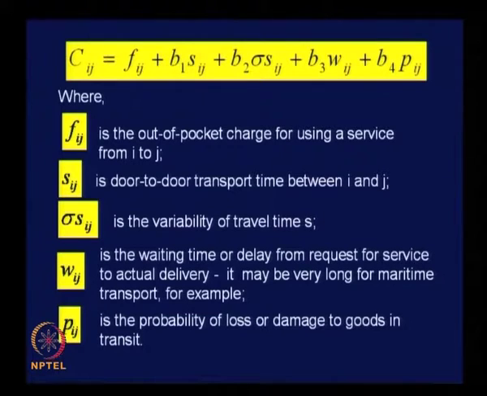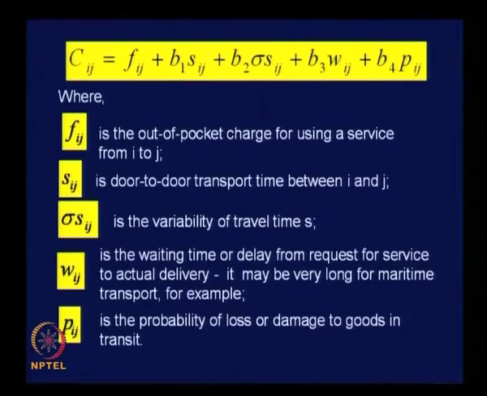Another related question is this: why the coefficients B1, B2, B3 and B4 for Sij, sigma Sij, Wij and Pij respectively, and why no coefficient for Fij? These coefficients stand for weightages, perfect.